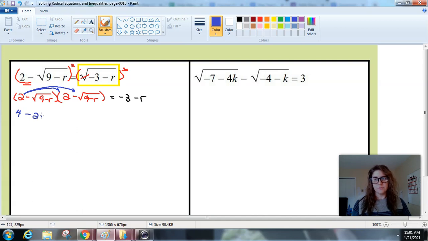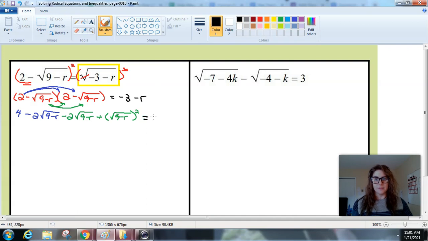So it's -2 times that radical. Then you move to the next part. So I'm going to do the radical times 2. So that's another -2 times the radical. And then I have a negative radical times a negative radical. So that's a positive radical squared, timesing it by itself.